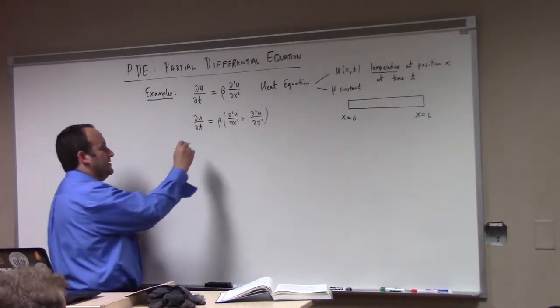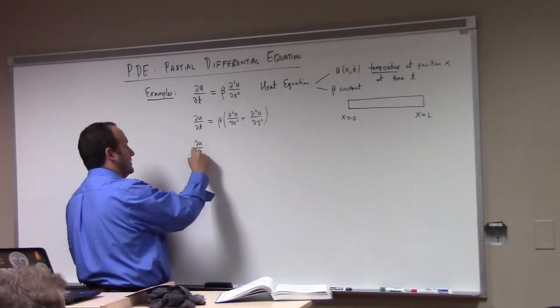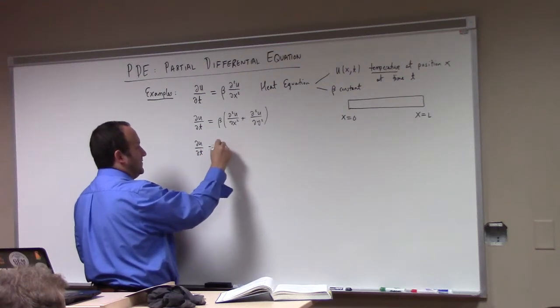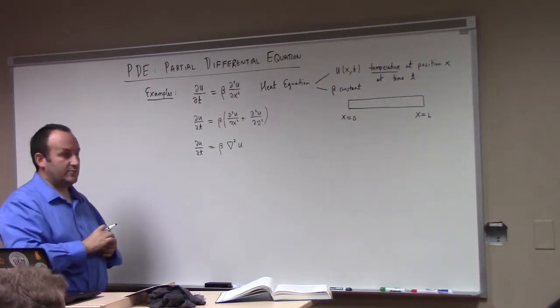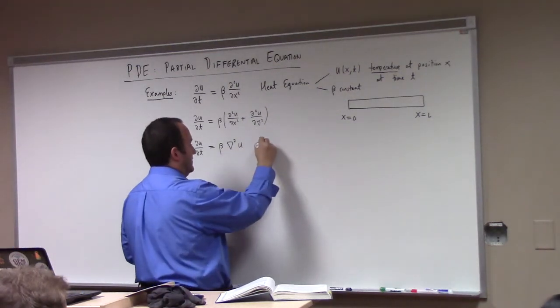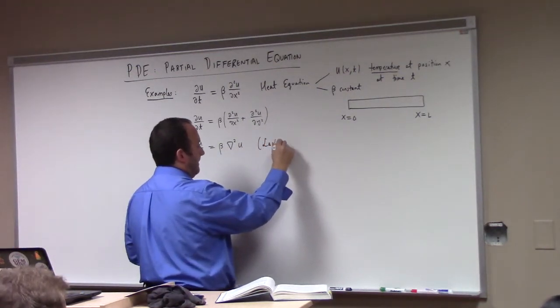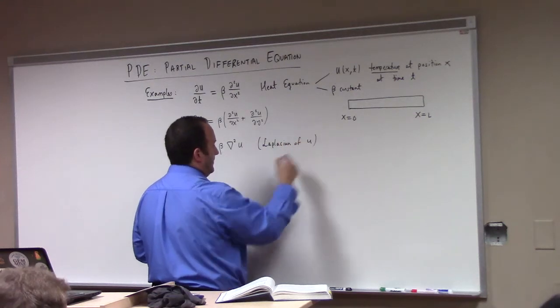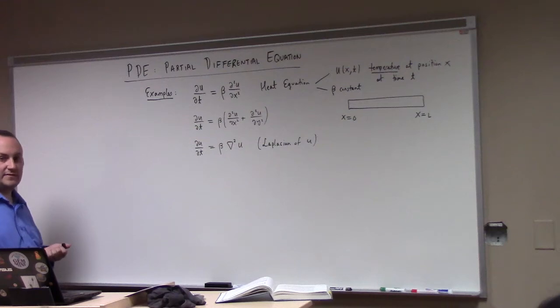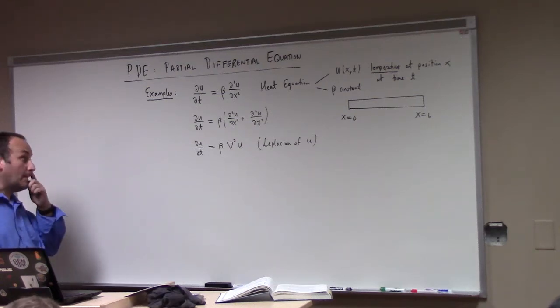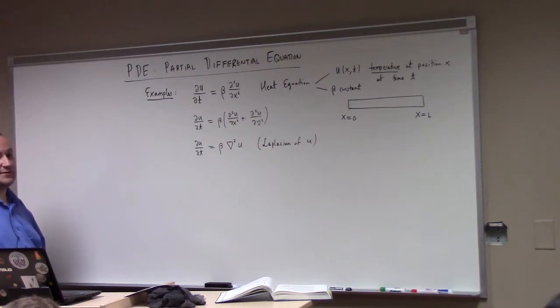Or if you wanted to be a little bit more sophisticated, you say it's beta times the Laplacian of u. In 3 dimensions, it would be partial squared u, partial x squared, plus partial squared u, partial y squared, plus partial squared u, partial z squared. And in fact, we could solve such problems, even in here. All right, so these are heat equations.